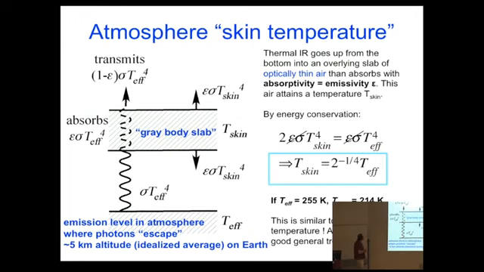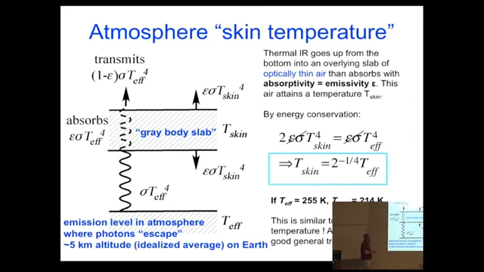So it absorbs some fraction of this flux coming up, and then it radiates itself at some temperature, which we call T skin. And it will transmit the rest. So we just do what's going out, that plus that makes 2 of those, versus what's coming in, which is what gets absorbed here. And then we solve for this skin temperature.